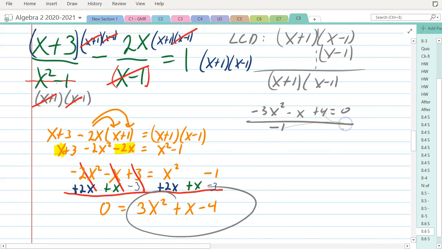Remember, whatever you do on one side, you do to the other, and what that'll do is it'll change all your signs. X squared plus x minus 4 is equal to, and 0 divided by any number is always 0. So don't stress if you move them the wrong way and you end up with negative x squared. Just factor out a negative 1.